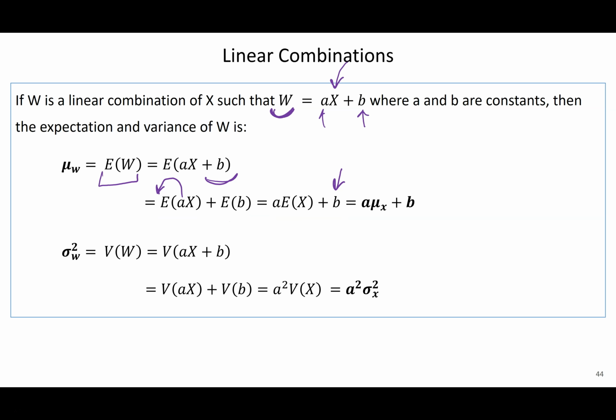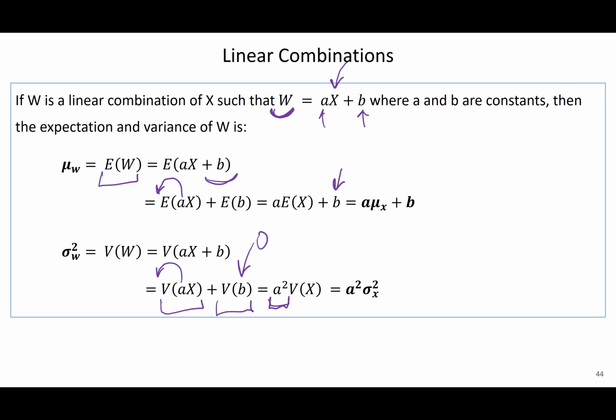Variances are a little bit different. So when you go ahead and you break up the variance of ax and the variance of b, if you have a constant, it doesn't vary at all. It has no variance. Its variance is 0. So this part, the variance of b goes to 0. And when you take a out, your constant, you must square it.